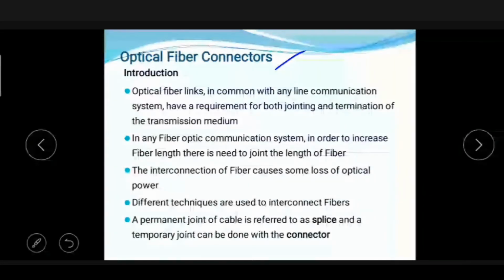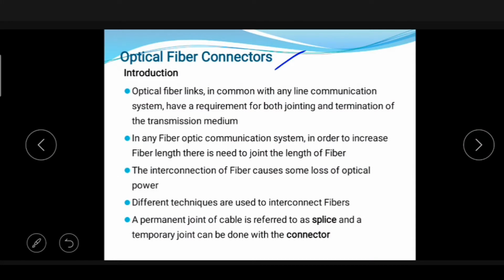Coming back to the concept, the next topic is optical fiber connectors. Earlier I just told you about the joining process in a fiber. Fibers are to be joined, and we have different problems whenever we try to join a fiber, because of its size, that is the main concern when we consider the joining process. But there are requirements wherein the fibers are joined once, the link is established and the information transfer is done over that particular optical fiber link.